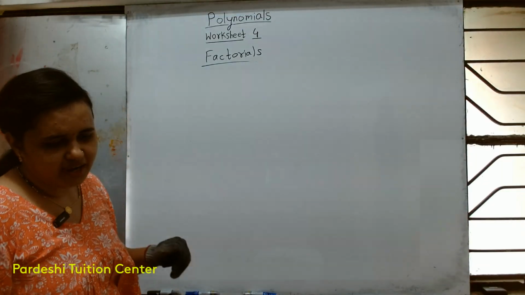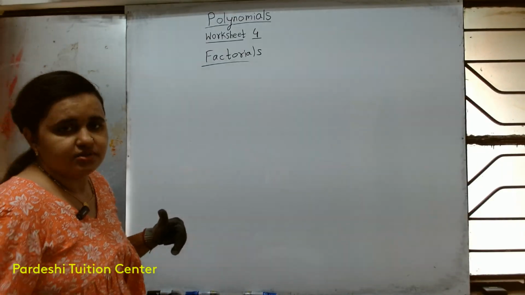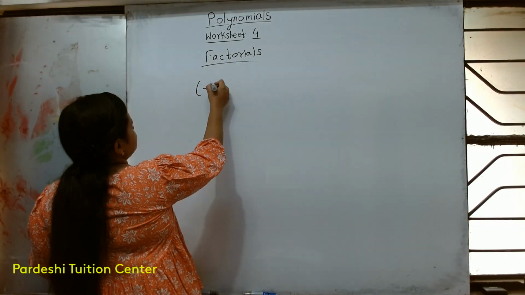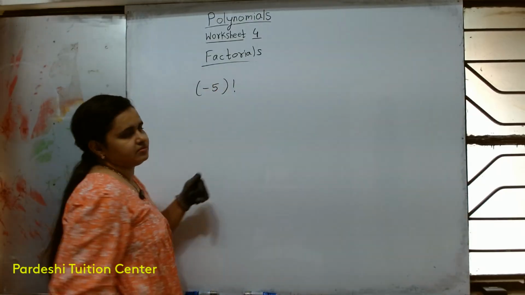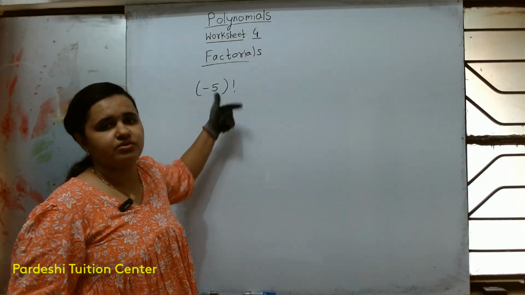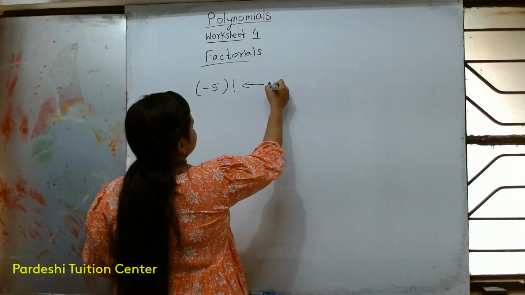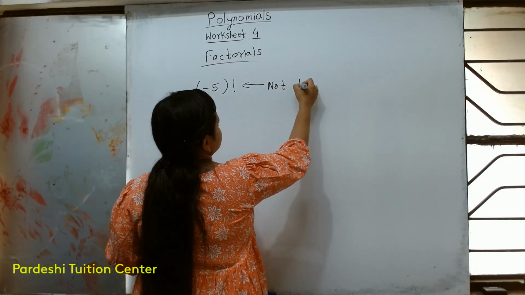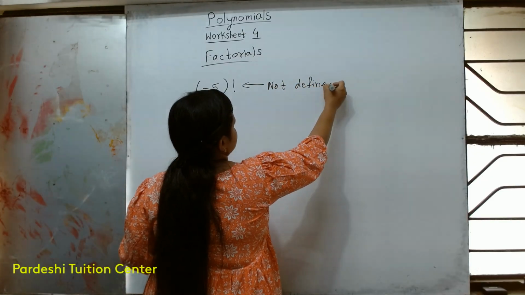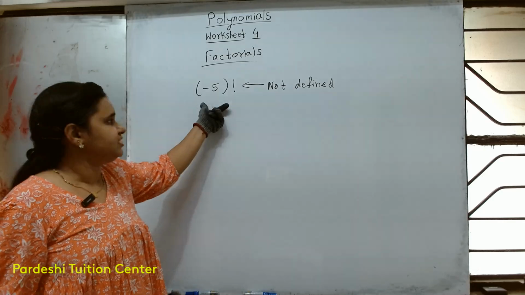Now, if I ask you what is the factorial of minus 5, can we define it? No, it is not defined. Factorial of negative integers are not defined.